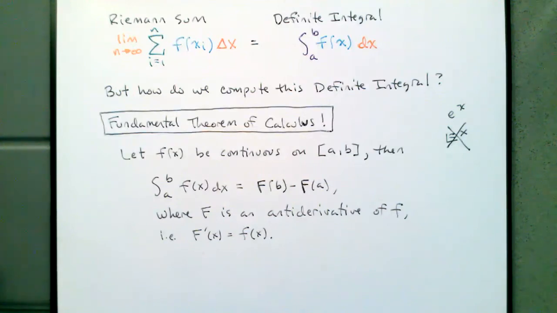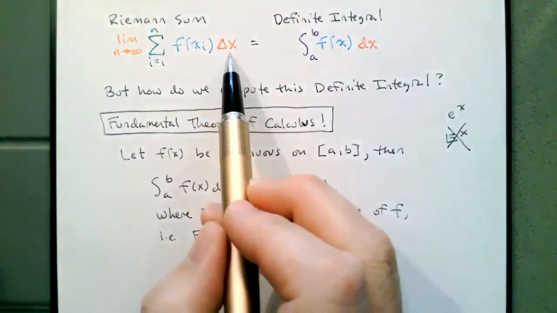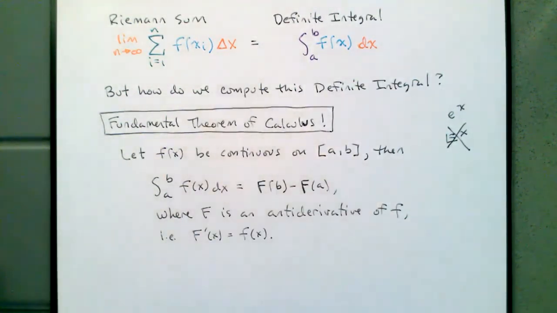And then you said change in x approaches 0? Yes, because as the number of rectangles increases, the width of each rectangle has to get smaller. We try to get it as small as we can, correct? More than just as small as we can: we look at what happens as the width of each rectangle goes to 0, because the number of rectangles goes to infinity. Okay, thanks, Professor Rich.